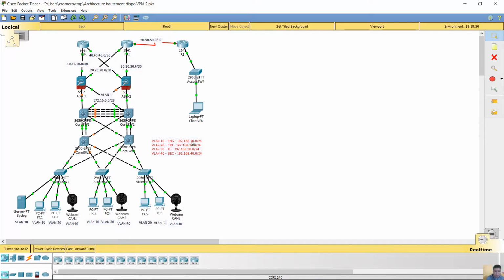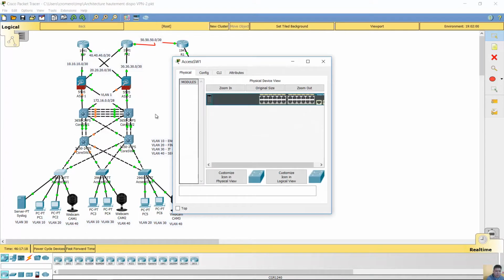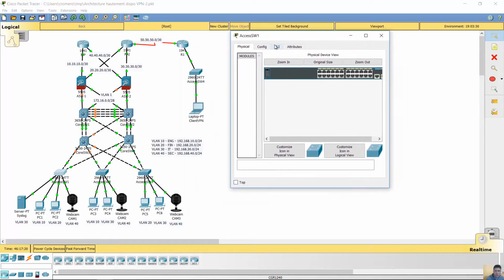VLAN 10, network 10, VLAN 20, network 20, VLAN 30, network 30, VLAN 40, network 40. 4 VLANs and 4 networks. And these are the end devices for each VLAN.